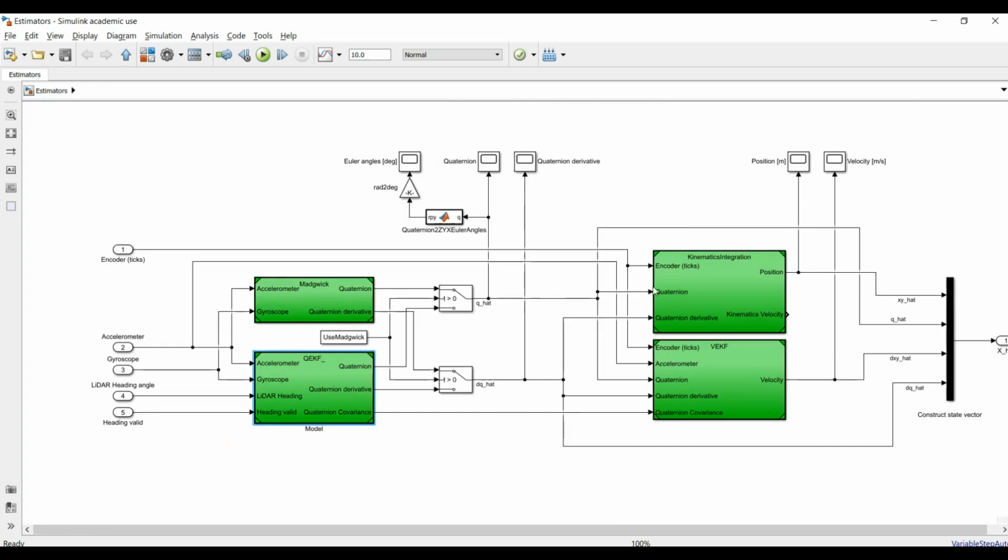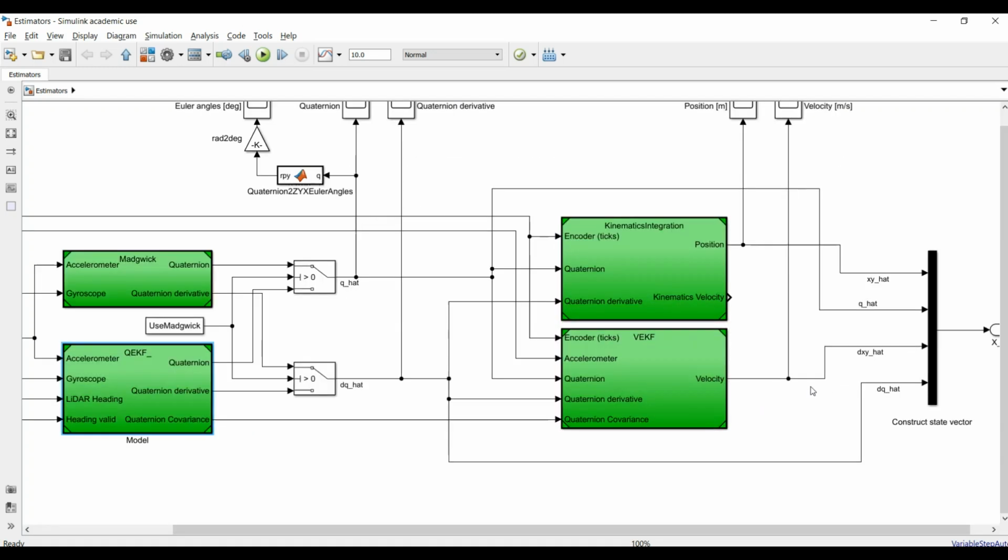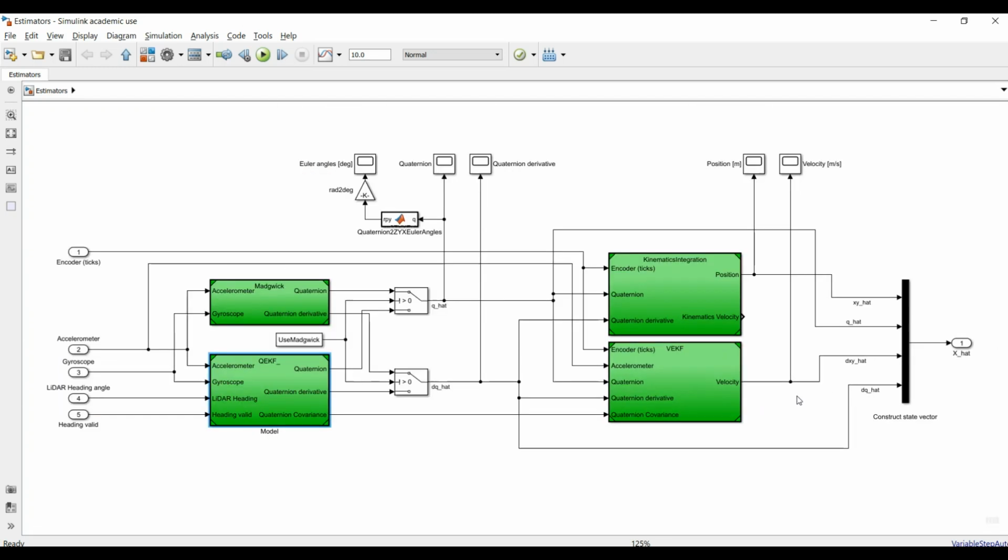Furthermore, we have a velocity estimator that takes in the encoder ticks and also some information about orientation and acceleration to smooth out and generate a properly filtered velocity estimate. Finally, we use normal integration of the kinematics to generate a position estimate. This is a crude estimate, and it is used more as an odometry estimate fed into the localization algorithm running on the ROS computer.